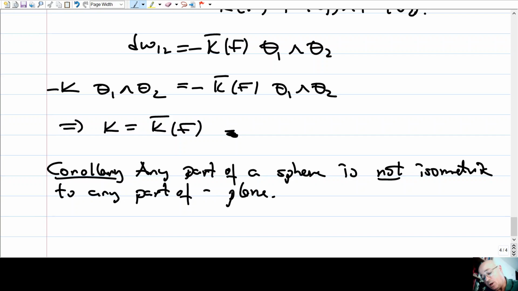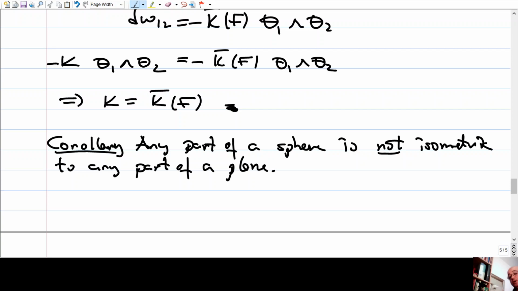Well, because for a sphere, curvature is constant and positive, and for a plane, curvature is zero at all points. Therefore, there is no isometry which maps a piece of a sphere onto a piece of a plane. This has a very important consequence. What is that?